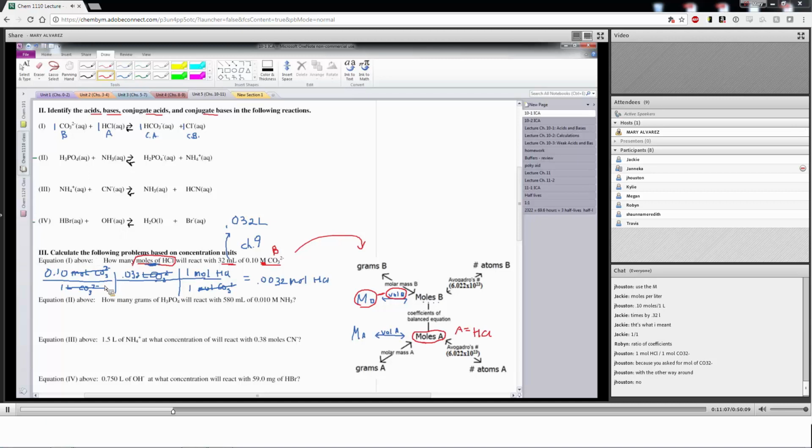This first step was solution concentration units from chapter 9. This step was multiple ratios from chapter 6 that we put together. And I think there was at least one question like this on the test. So this was kind of the hardest thing that we had to do on our last exam.